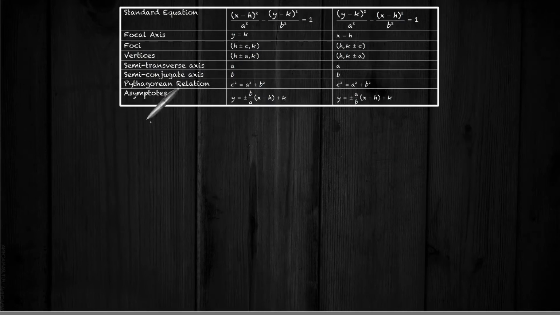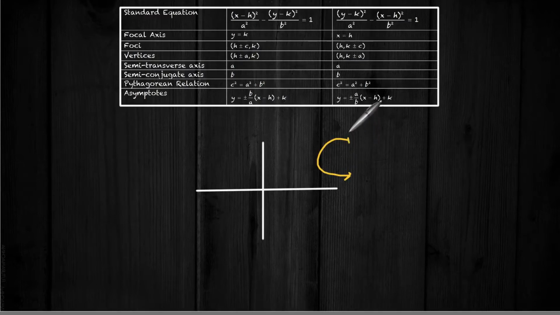Let's say we have, this is our x and y axis, and let's say the hyperbolas are going right and left. So we'll make one go this way, and we'll make another one go that way.